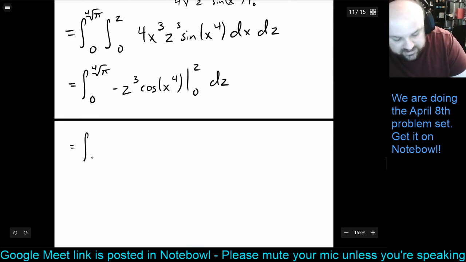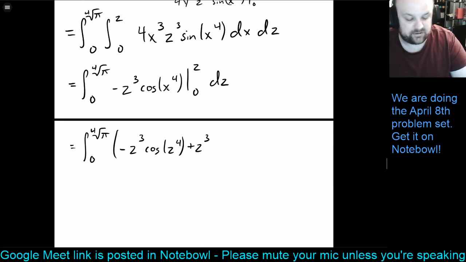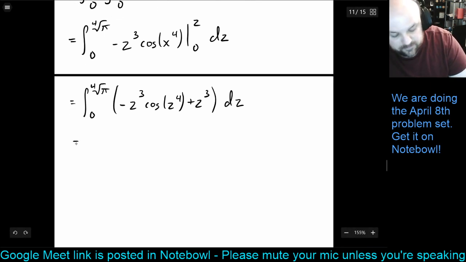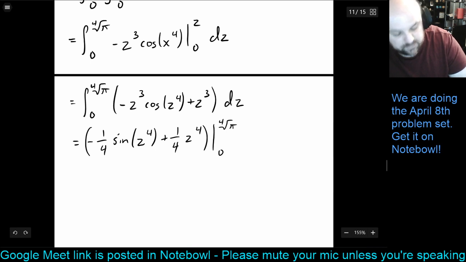If we plug that stuff in, this is going to be minus z cubed cosine of z to the 4th plus z cubed, because if we plug in 0 here, cosine of 0 is 1. Now we're integrating that. If we perform this integral, this is going to leave us with minus 1/4 sine of z to the 4th plus 1/4 z to the 4th. And this stuff is getting evaluated from 0 to 4th root of pi.